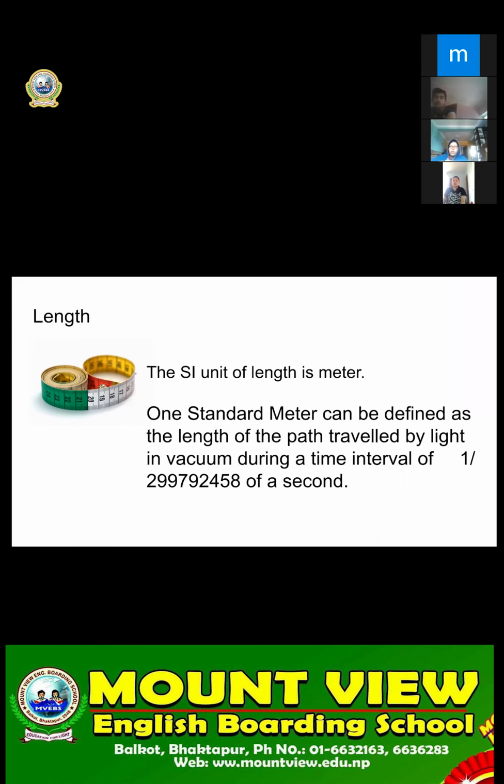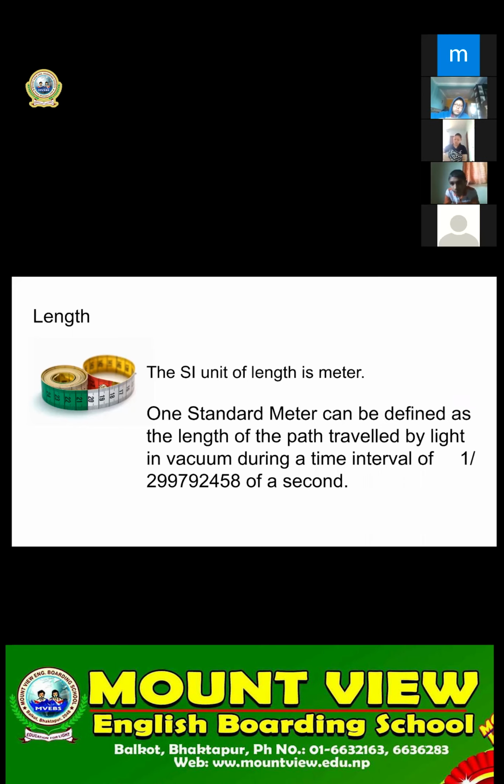Means in 1 second, light travels a very long distance, which is equal to 29 crore 97 lakh 92,458 meter. Now in a very small time, the time equal to 1 upon 29 crore 97 lakh 92,458 of a second, how much distance can light travel?